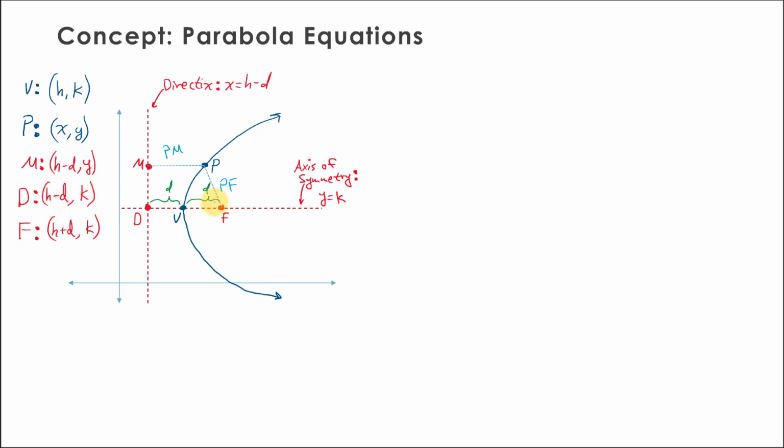If we have an x value on our vertex of h, and this distance d to our capital D, that's just going to be h minus d. So that's where we get this h minus d coordinate. Our k's don't change: that's the y value, and it is a horizontal line, so the y values all stay the same.